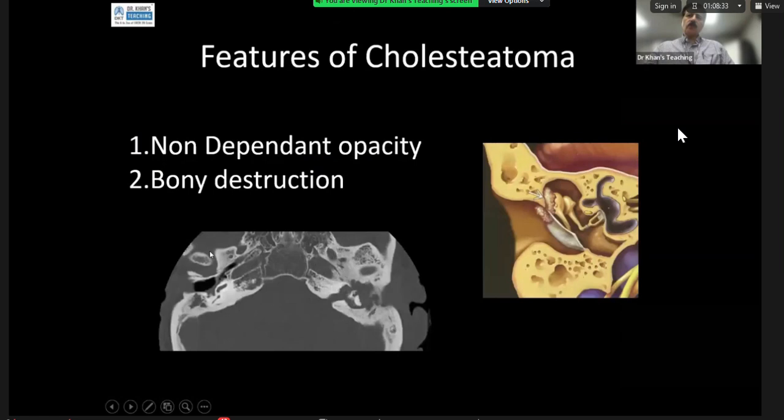Okay. Now, you have to remember the pathology, what is happening. Basically, in cholesteatoma, you see here that because of otitis media, there is retraction membrane and the skin cells go into the medullary cavity. And you remember that one of the properties of the skin cells is exfoliation. So they keep growing and they have got keratin inside.